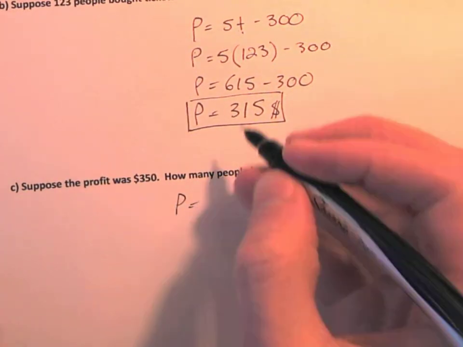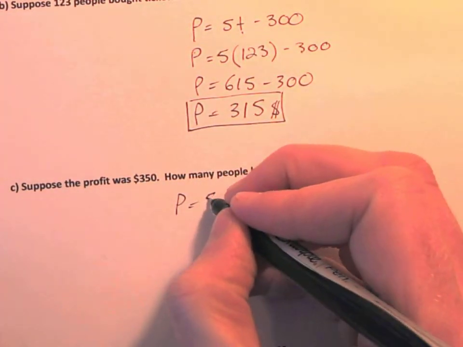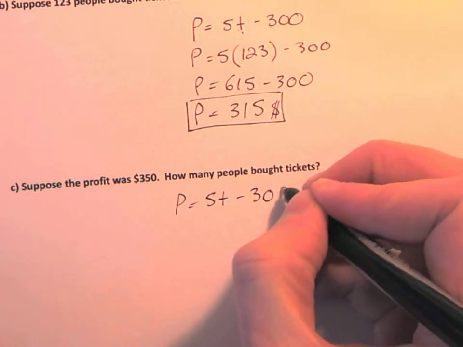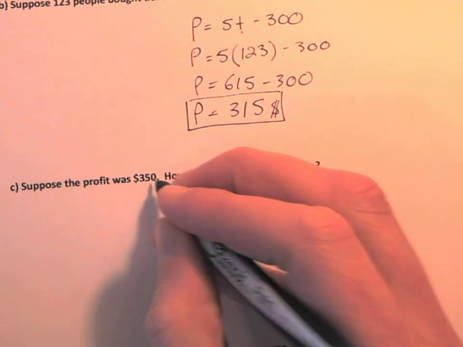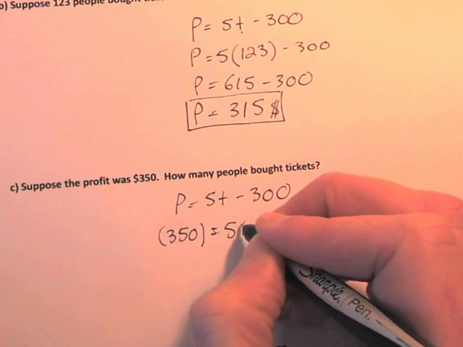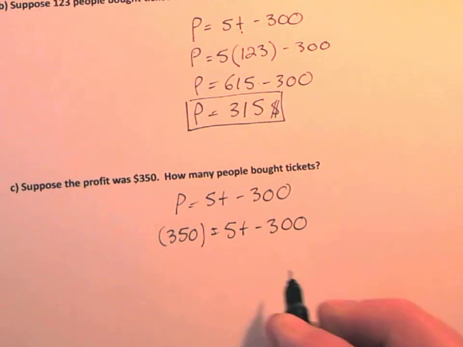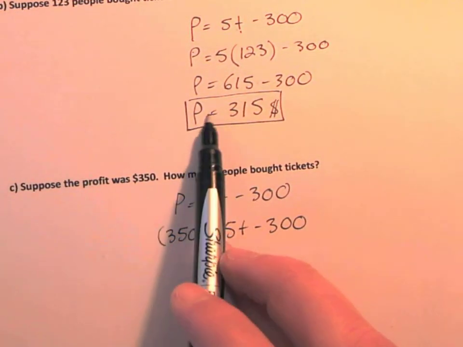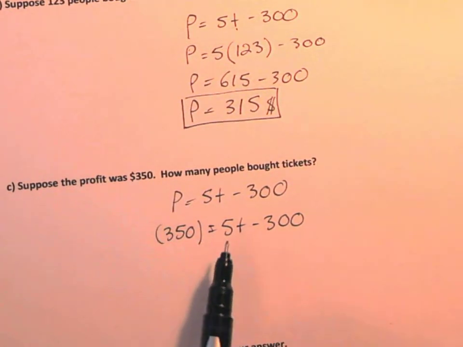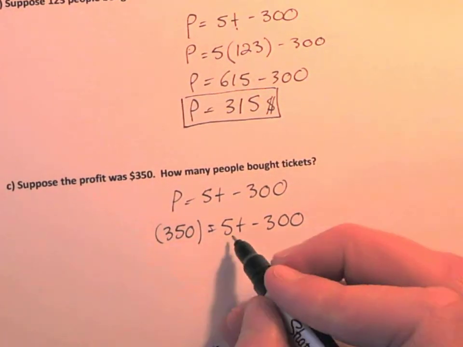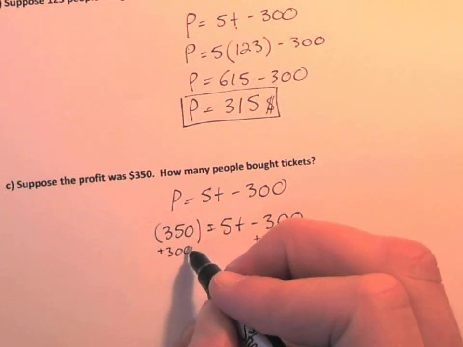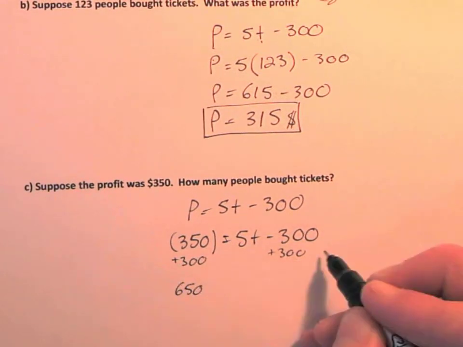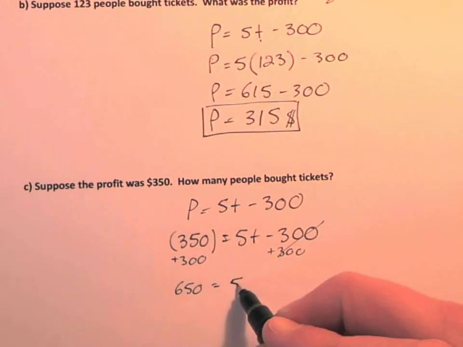So you write your initial equation that we found earlier again, and then our profit is $350 is equal to 5T minus 300. And now we solve for T. Before we solved for P, but it was easy because it was already by itself. Now we got to get T by itself. So what we do, we add 300 to both sides. So we get 650, those cancel out, is equal to 5T.